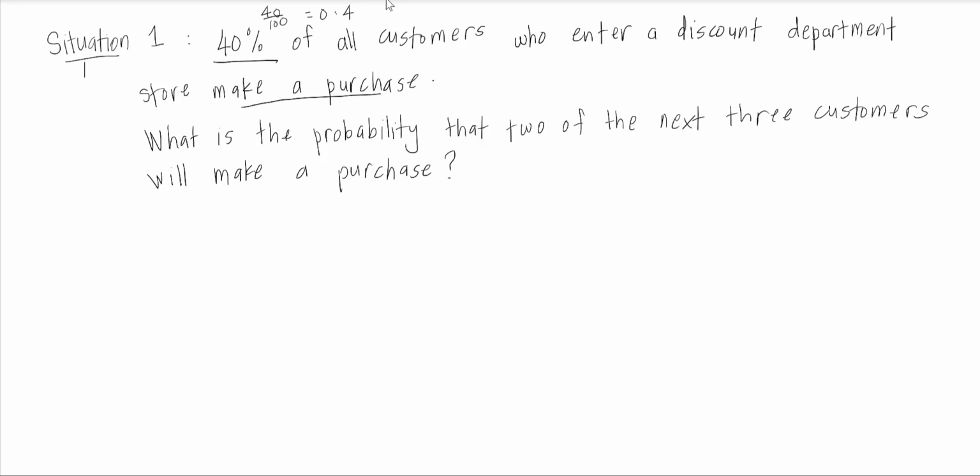The question asks: what is the probability that 2 of the next 3 customers make a purchase? Now let's say we have a tree diagram.